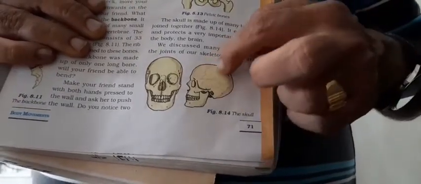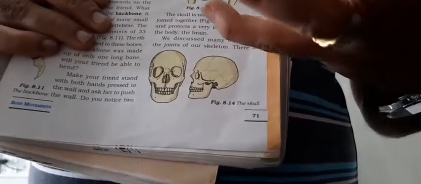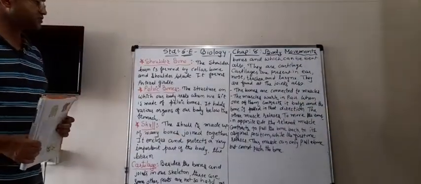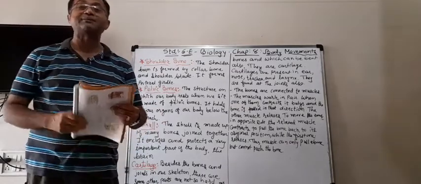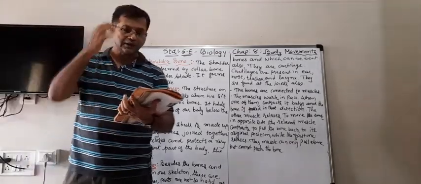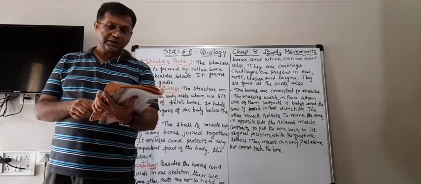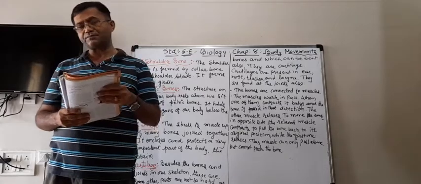You can see that there are some lines drawn. It means that those are the different bones joined there, and they are joined with fixed joints, and therefore we cannot move any bones separately in our skull. So those are the different bones of our skeleton.